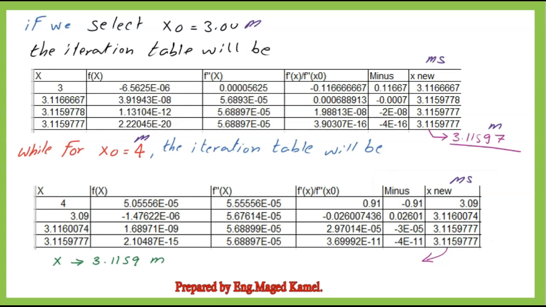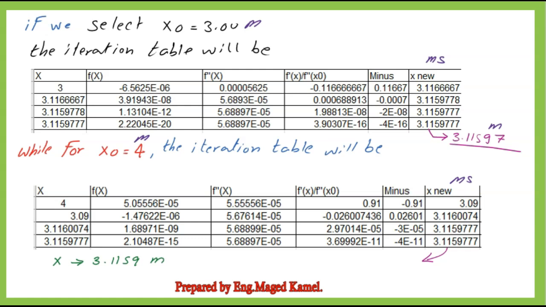We put 3.09 here. We estimate the f dash value of x equal to 3.09 and f double dash of x equal to 3.09. Here is the value for f dash of x, and this is the value of f double dash of x. We divide this over this, we have a negative, but again we will multiply by minus.